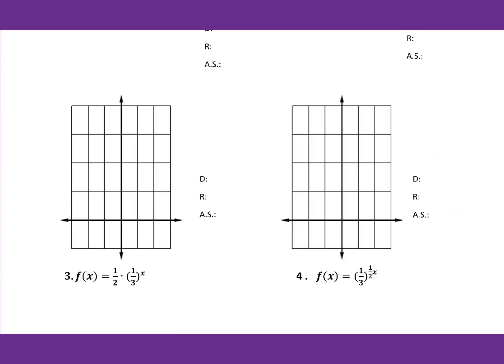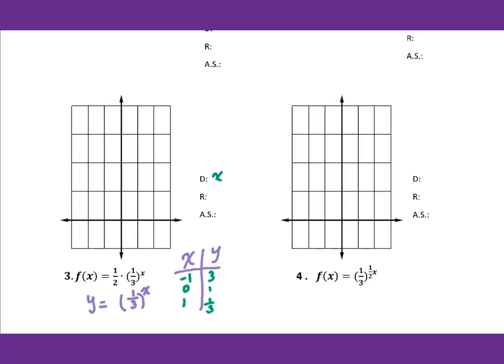Now let's go to number 3. This time, the parent function is y equals 1 over 3 to the x power. So we got the x, y. Still using negative 1, 0, 1. You got 3, 1, 1 over 3.